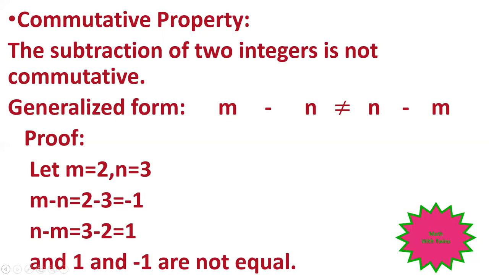Let's go to the proof. We have substituted the values for m and n and simplified, and we have noticed a difference in the answers in both cases. So the commutative property of integers over subtraction does not hold good.